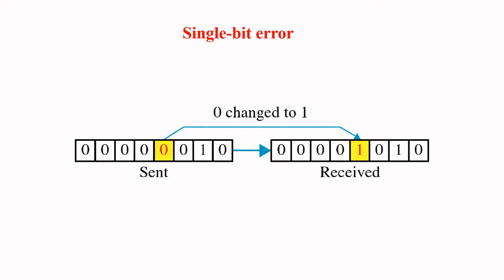But during transmission, due to some noise source or anything else, the 5th bit of the data is changed from 0 to 1. It is shown in the figure in yellow color. So if only one bit is changed during the transmission, this type of error is known as single bit error.